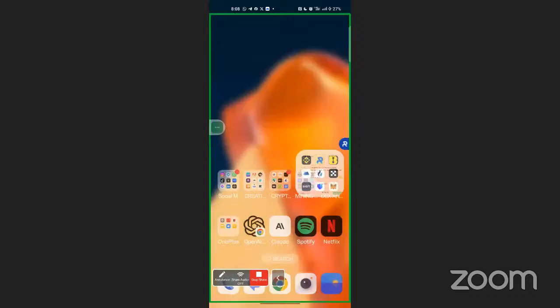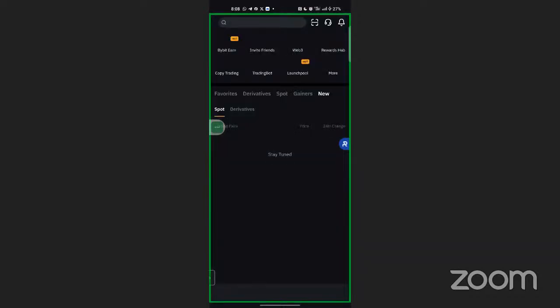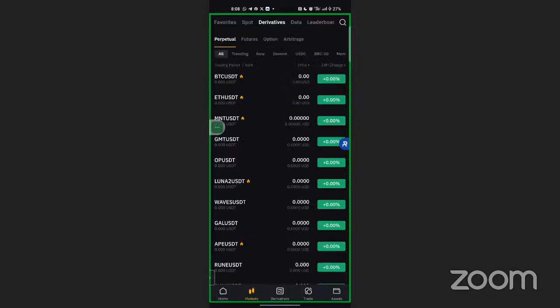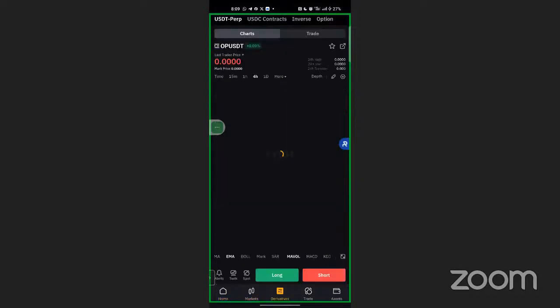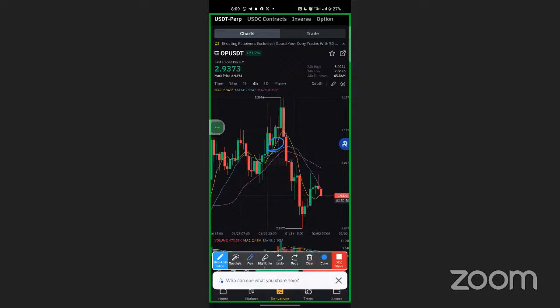Then Bybit. You find that on the simple moving averages, Bybit uses a 7 moving average, a 14 moving average, and a 28.